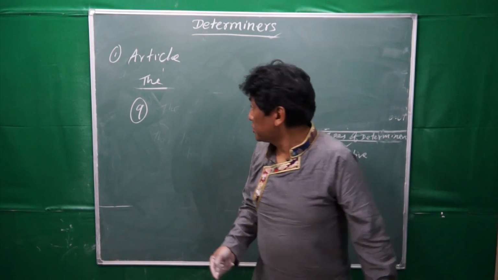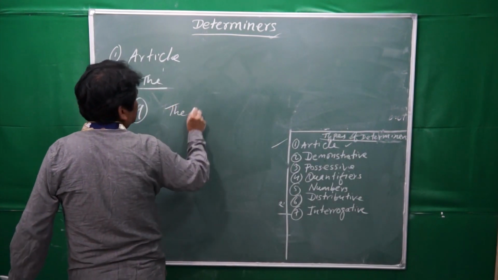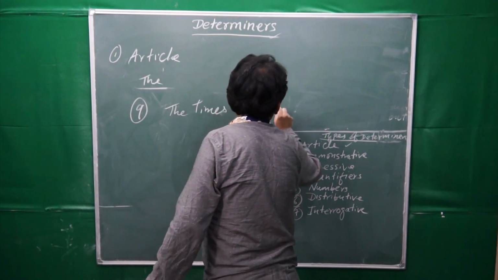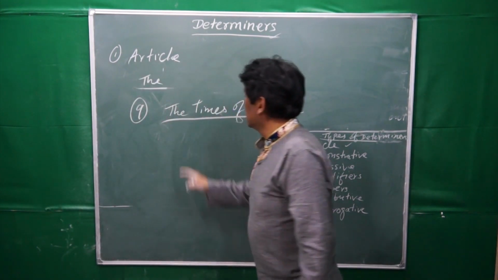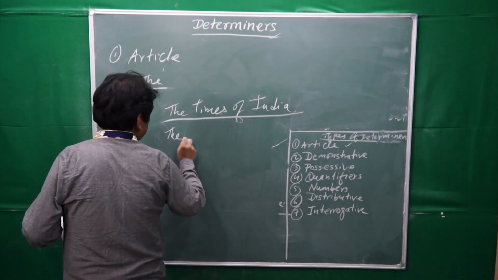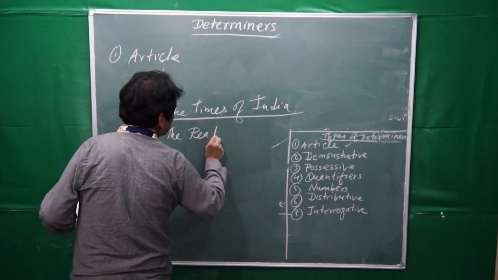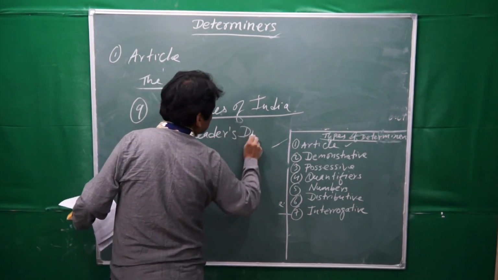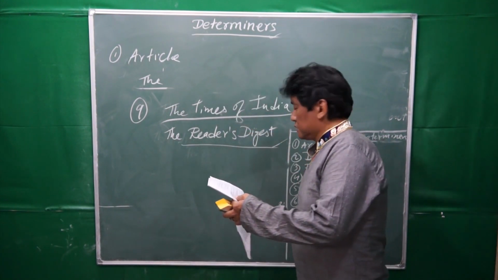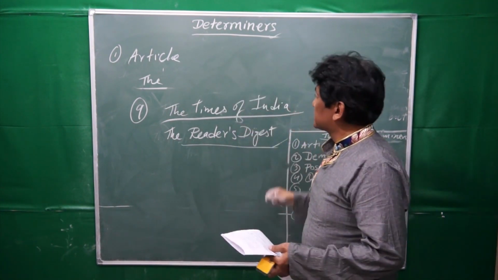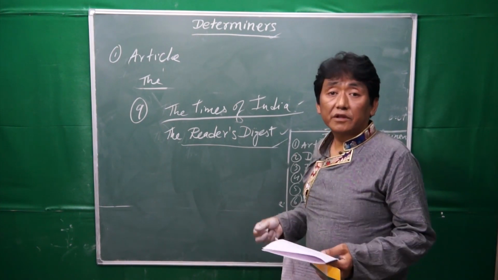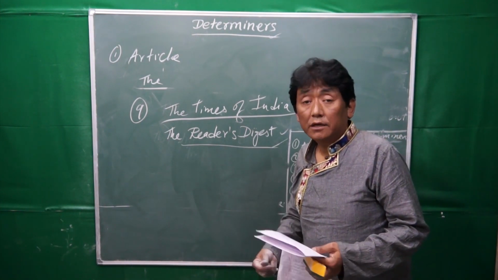Newspapers like the Times of India, or magazines like the Reader's Digest. So you can use "the" in front of newspapers and magazines also.